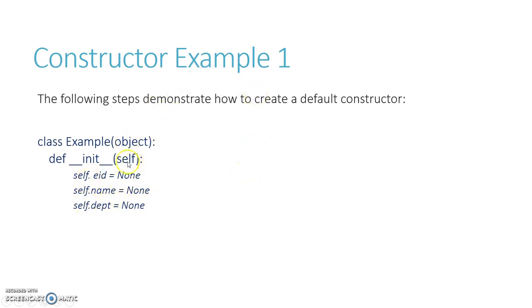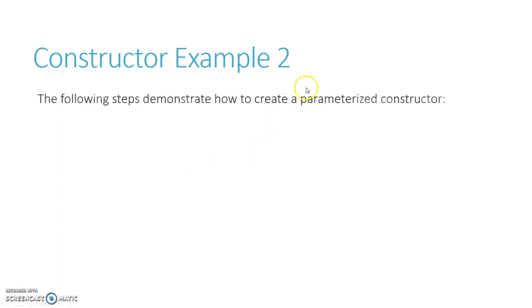So this constructor is a default constructor where we are passing nothing and the attributes are initialized with some default values.